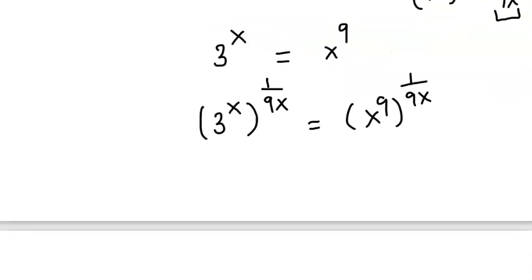Okay, now we know this property that whenever we have a to the power of b in bracket to the power of c, the powers will multiply together, right? So that is a raised to the power of b times c. And when you multiply these powers together, you will observe that this x will cancel this x, and from the right hand side this 9 will cancel this 9.